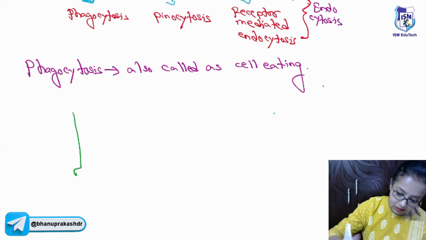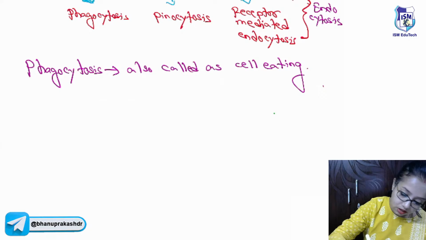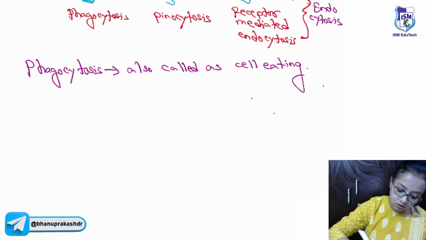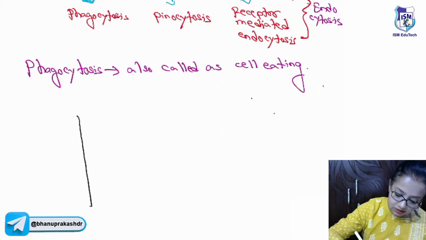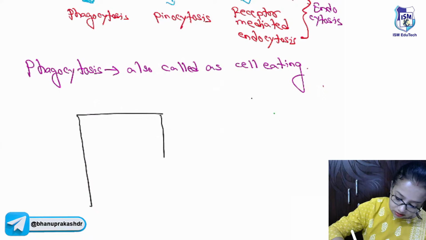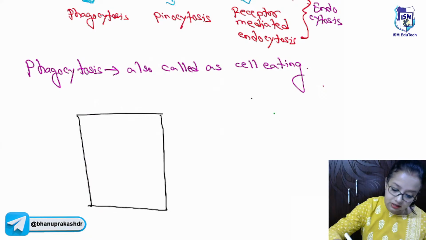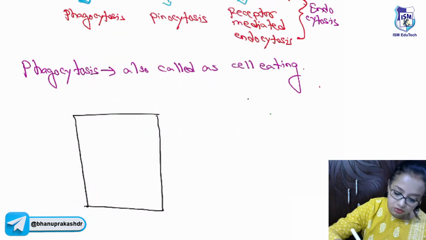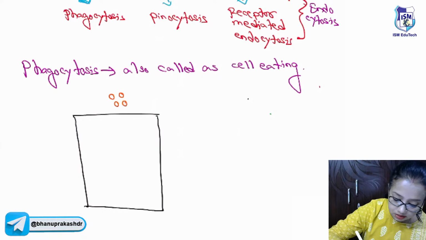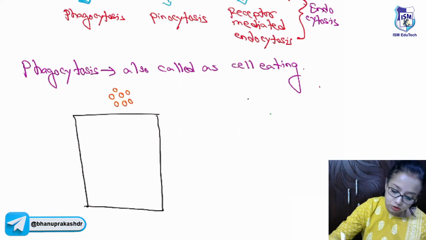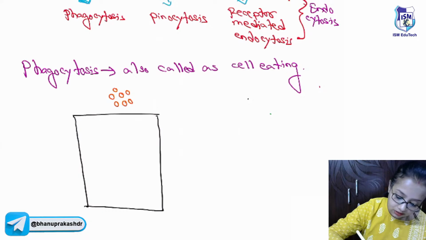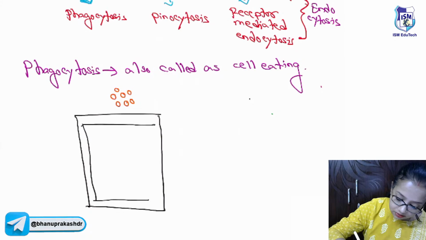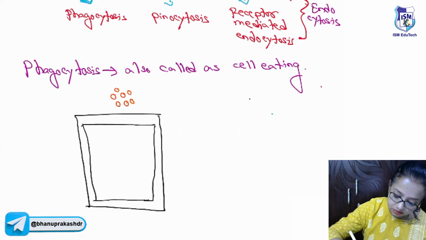So, hypothetically, let us draw this cell. Okay, say this is the cell, and these are the molecules that have to be engulfed. So first, this is the cell membrane, and this is the inside of the cell. Okay.